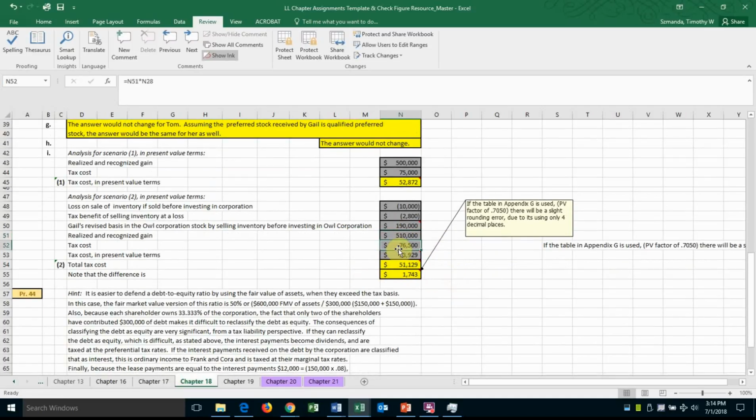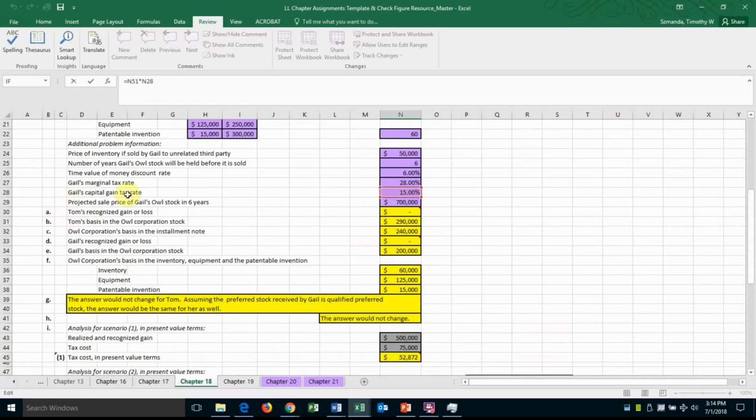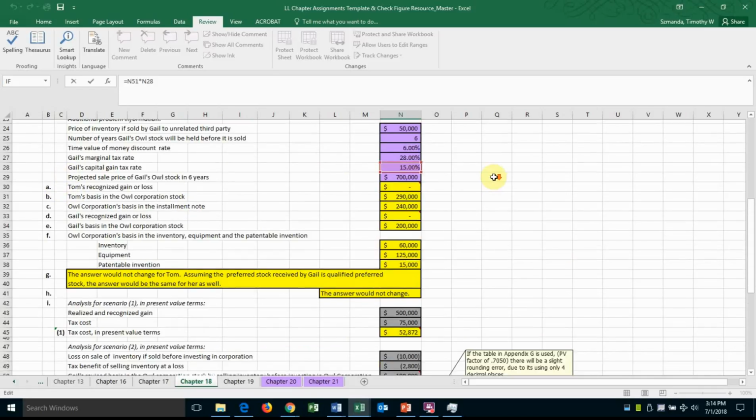Tax cost, again, would occur in 6 years, because that's when she sells the stock with her revised basis. So the tax cost for her is going to be the realized and recognized gain of $510,000 times her cap gain rate of 15%, because this is a capital gain now.